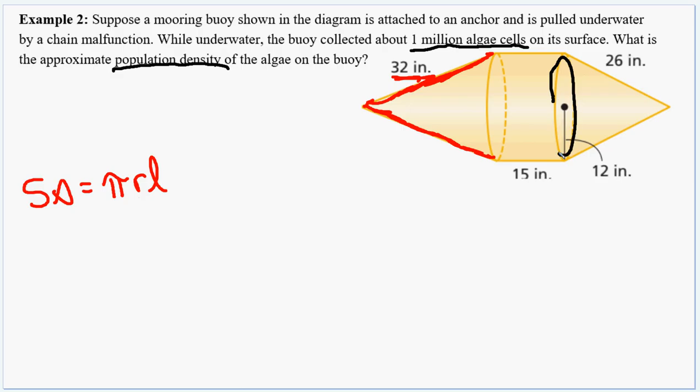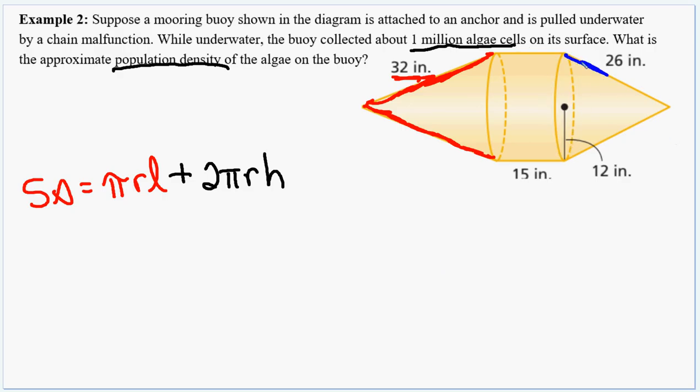Here we have a cylinder in the middle, a right cylinder. Once again, we can ignore the top and the bottom, so we just need the lateral surface area of that cylinder, and that's going to be circumference 2 pi r multiplied by the height or the length of that cylinder, and that's going to be 15 when we go to plug it in.